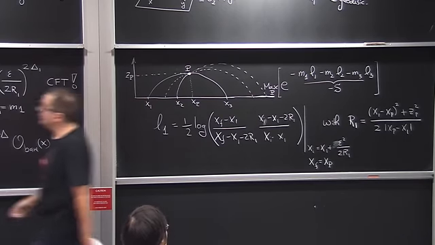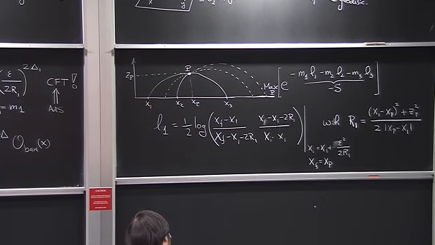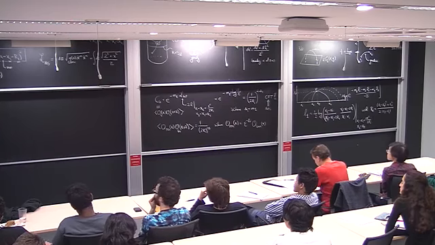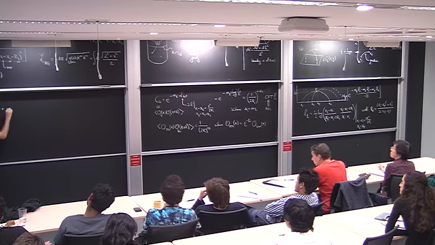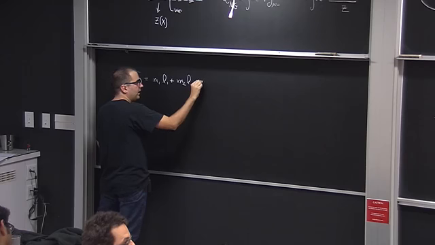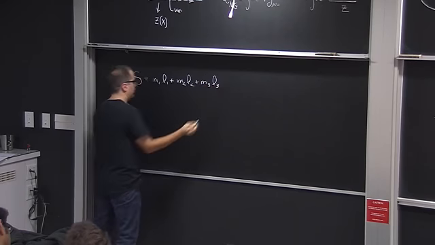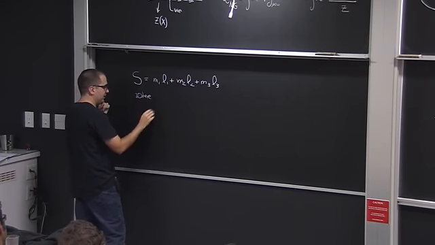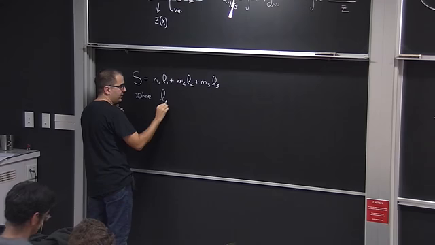And then finally, this is the problem we want to solve now in mathematics in the remaining 5 minutes. The problem is we have our action, which is m1 L1 plus m2 L2 plus m3 L3, where when you do all those replacements and the dust settles, actually these L's are very nice.